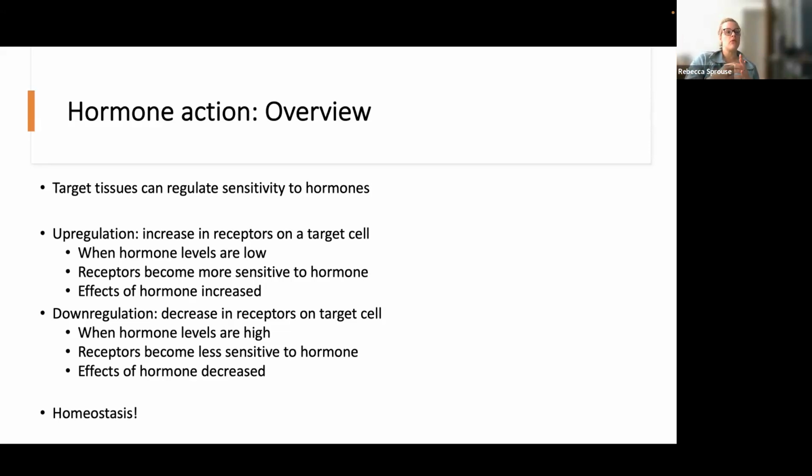So when we talk about hormone regulation, we're talking about upregulation and downregulation. Upregulation is when there's an increase in receptors on the cell. So let's just say that we have those 4 receptors and 20 molecules, but now our body has made more receptors. And now we maybe have 15 receptors to 20 molecules of hormone. So that just allows that cell to become more sensitive to the amount of hormone that's being released.